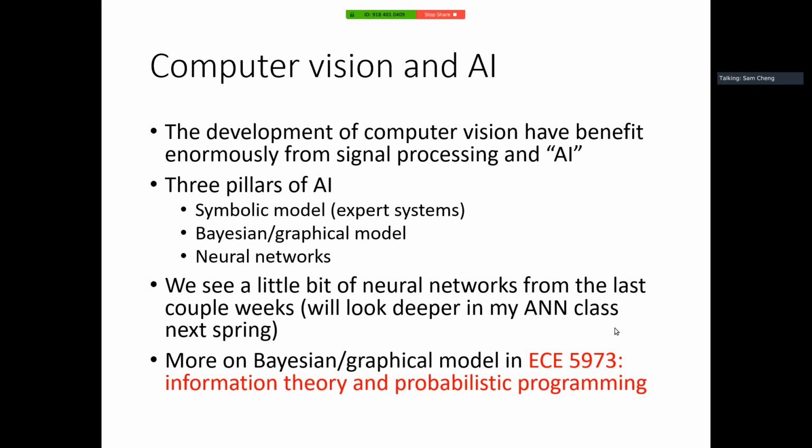For the second pillar, the Bayesian graphical model class will be coming up immediately in fall. The title is a little bit weird for historical reasons, but it's really about Bayesian graphical models.